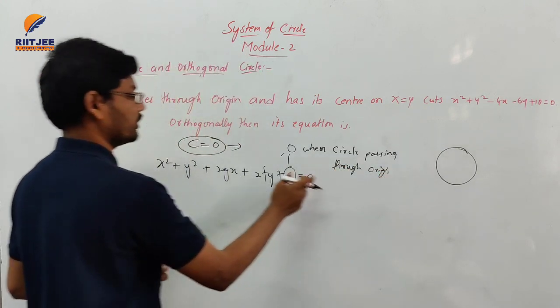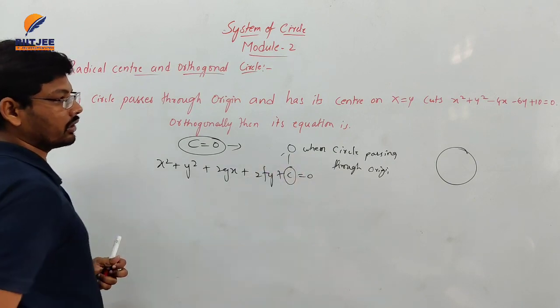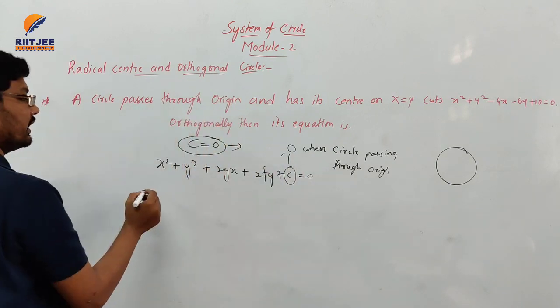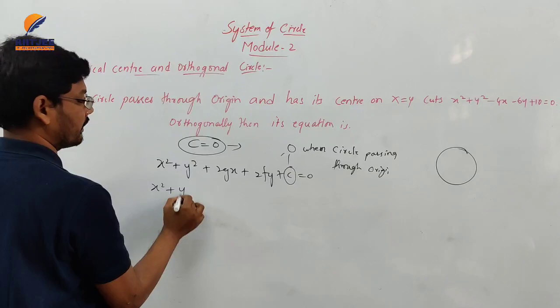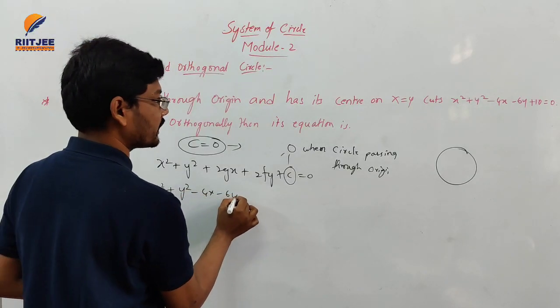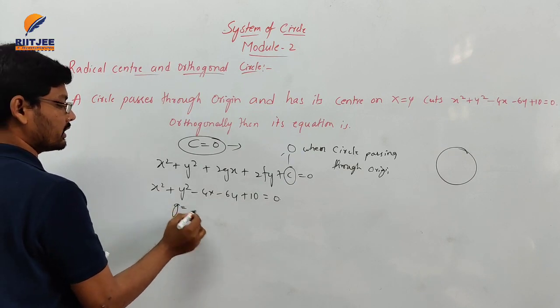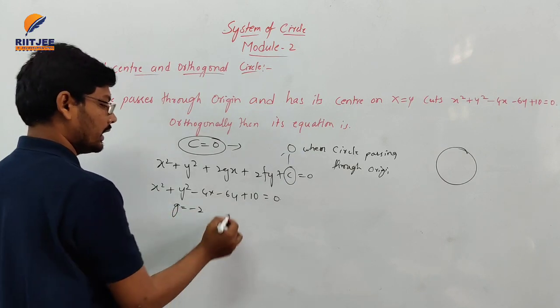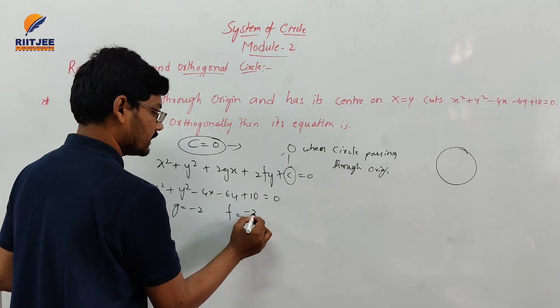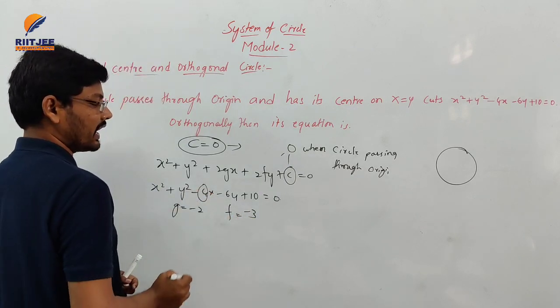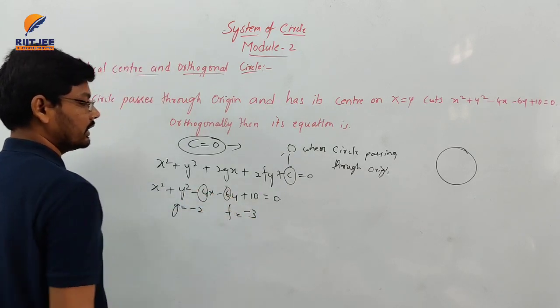And from the given circle, minus 4x minus 6y plus 10 is equal to 0, here g is equal to minus 2 and f is equal to minus 3. Half of this value is g and half of this value is f here.